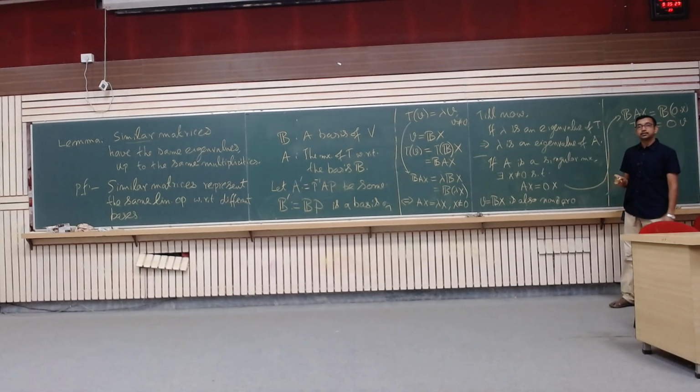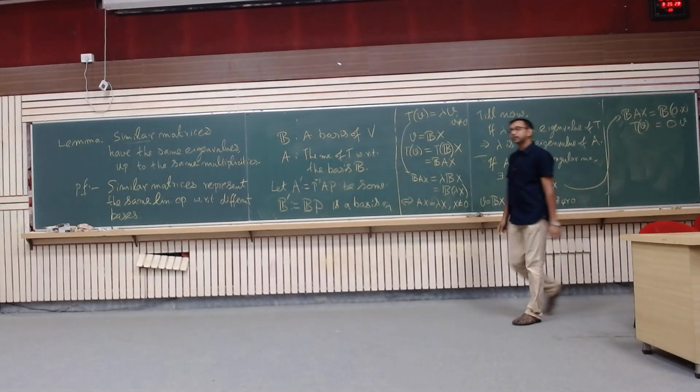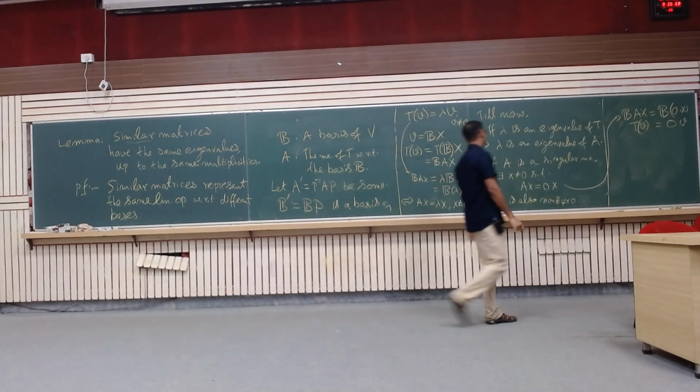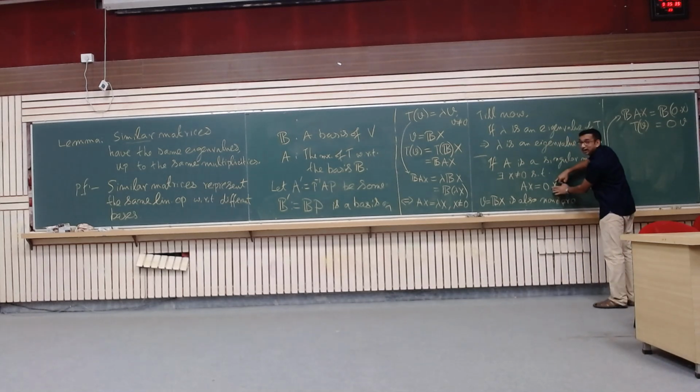Yes, Avinash. Yes, 0 is an n cross 1 matrix, but once we write 0 times x here, by this notation we mean that it's an n cross n matrix. This 0 is now the eigenvalue. So there's of course a change of notation when we write x equal to 0, that means this is an n cross 1 matrix. But once we write this one, this means this is a scalar, and this is the n cross 1 matrix.